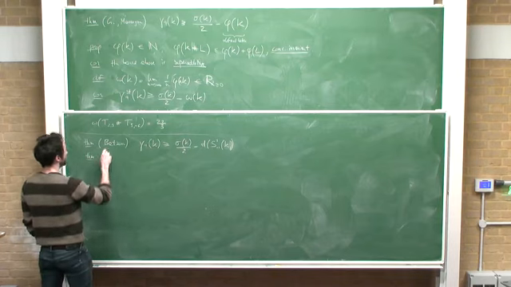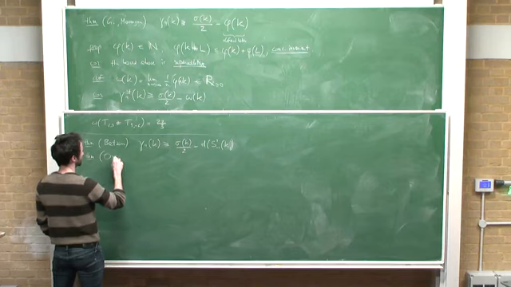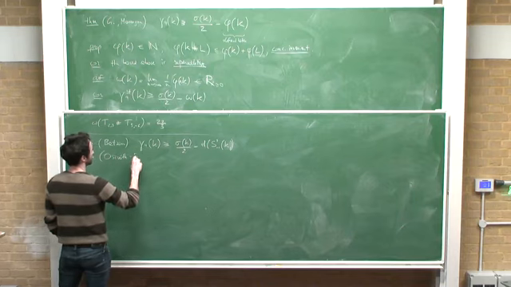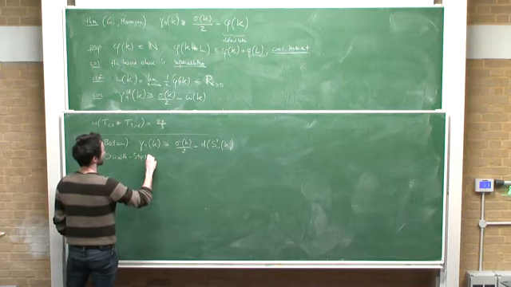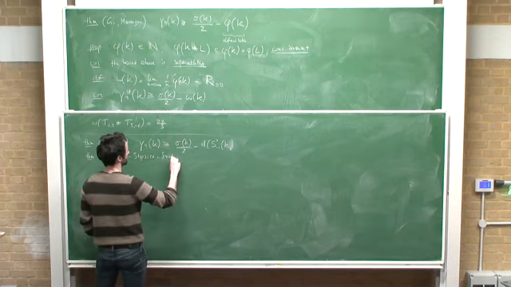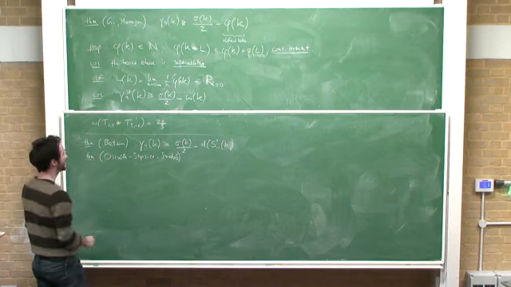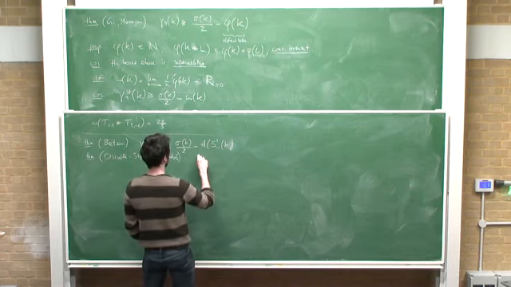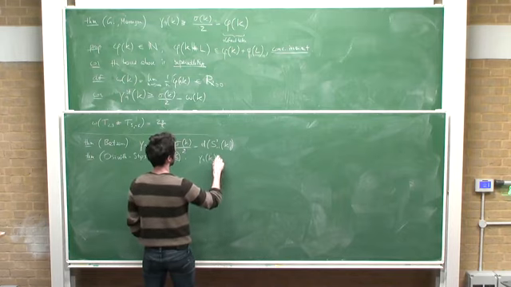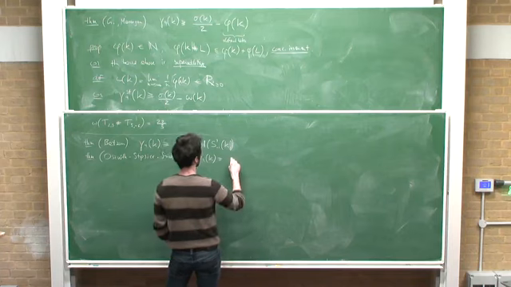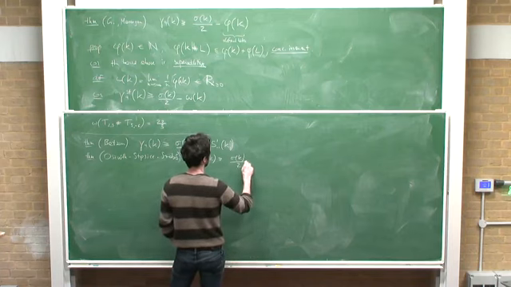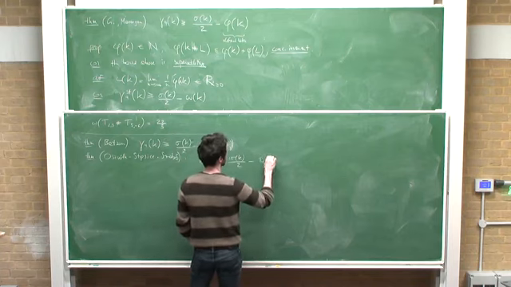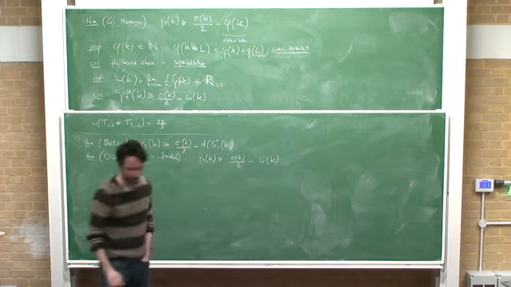And then more recently, Ozsváth and Szabó proved a similar inequality using their invariant epsilon. They proved that gamma 4 of k is at least sigma of k over 2 minus epsilon of k.